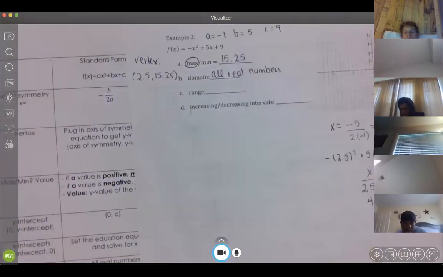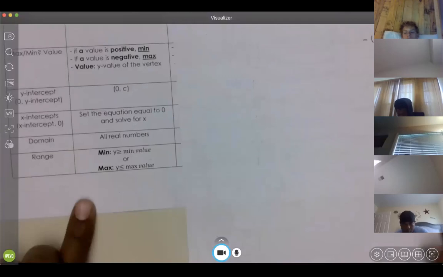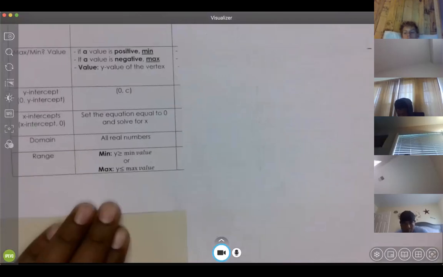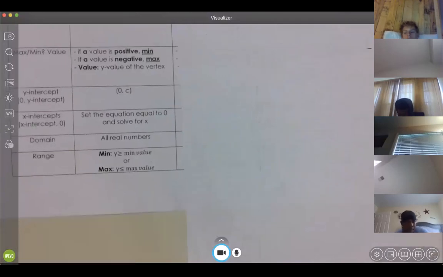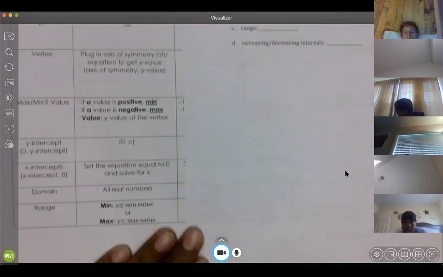What's the range going to be? What do you think, Tyler? I'm not sure. Tyler, let's look at the range over here. Do I have a minimum or do I have a maximum for this problem? What did we say earlier for part A?